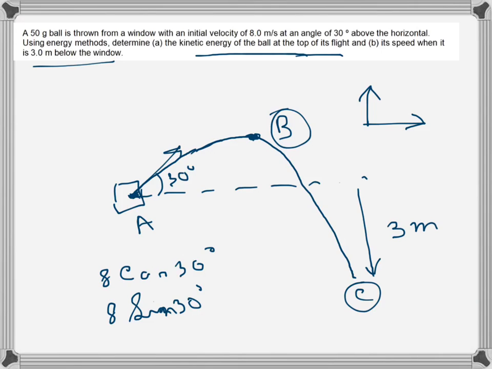The vertical component keeps changing, but at point B it is 0 because that's the maximum point. However, the horizontal component stays the same throughout the flight. So the velocity is basically horizontal, at 0 degrees with the ground.